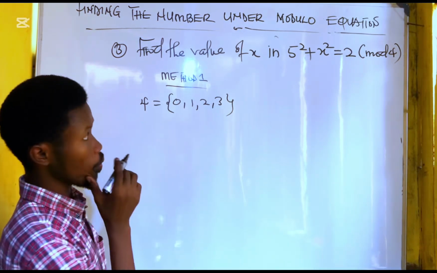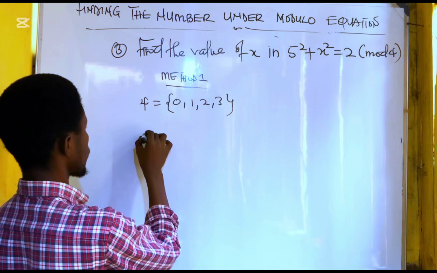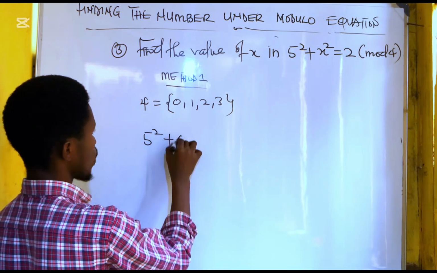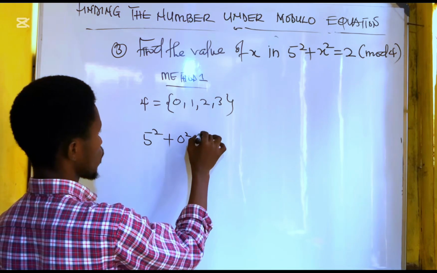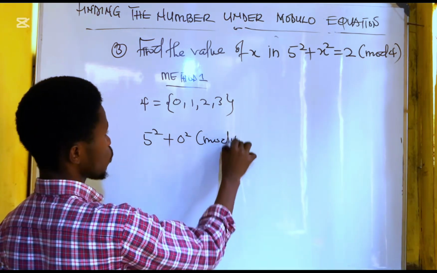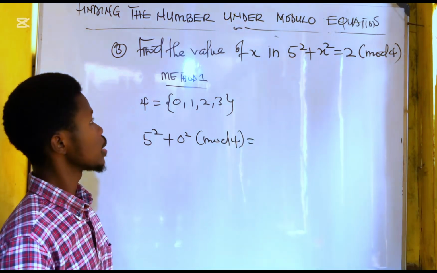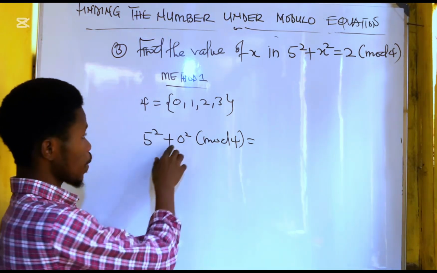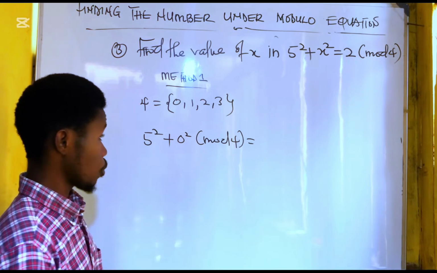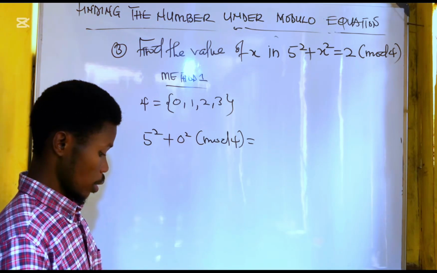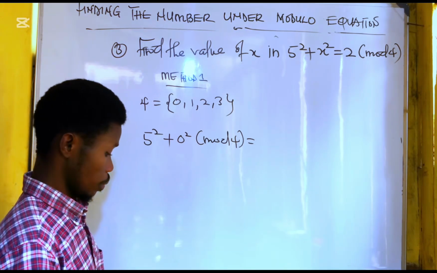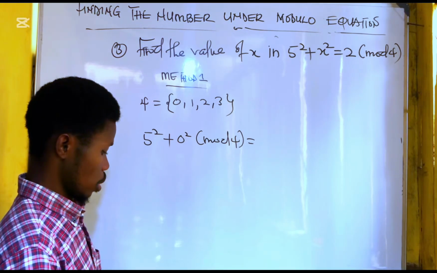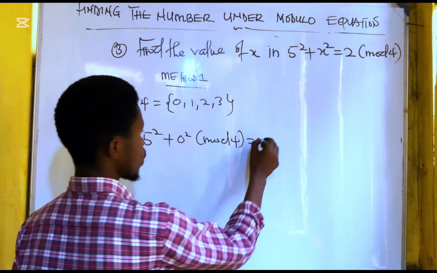You know that 5 squared is 25, right? So you are going to have, okay, let me repeat. 5 squared plus 0 squared mod 4. Will I get 2? You know that 5 squared is 25. 25 plus 0 is still 25. 25 mod 4 will give us 1.